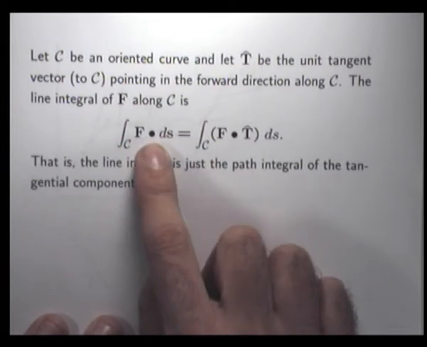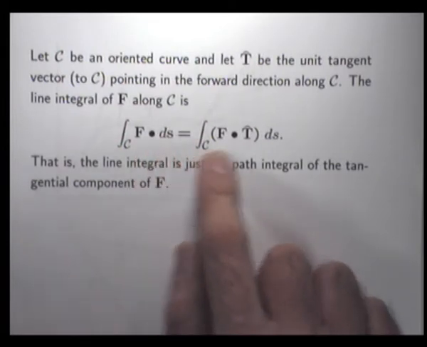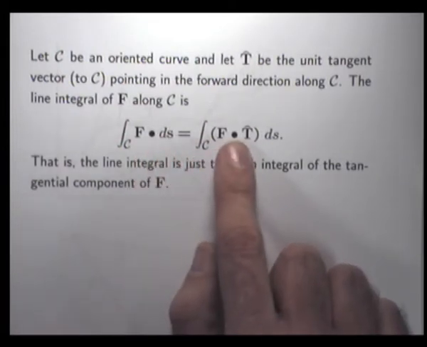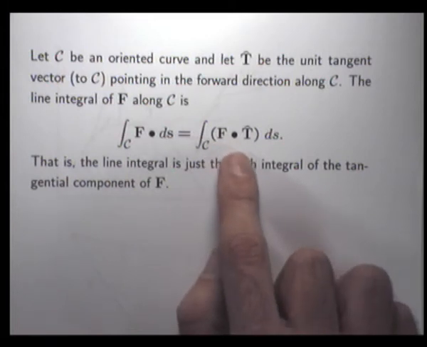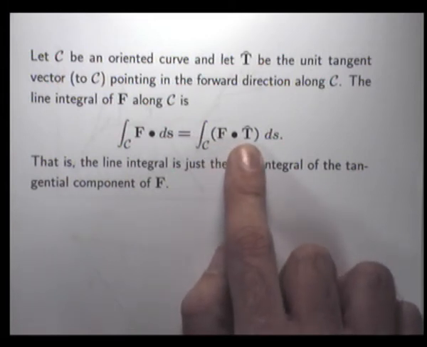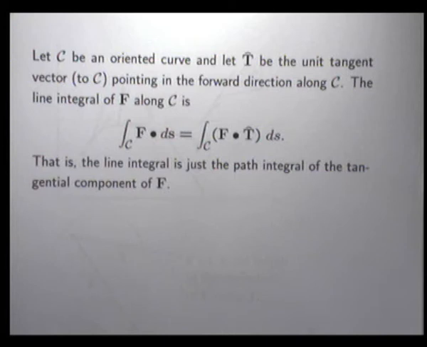The line integral is just the path integral of the dot product of F with the unit tangent vector. Now, the unit tangent vector points in the forward direction of the curve. Very important.